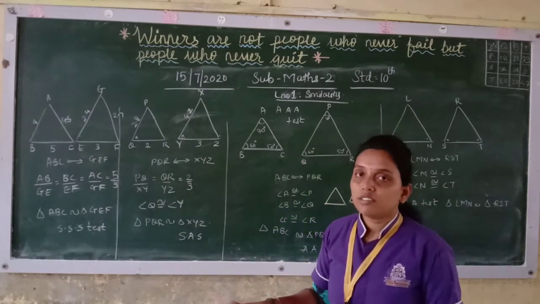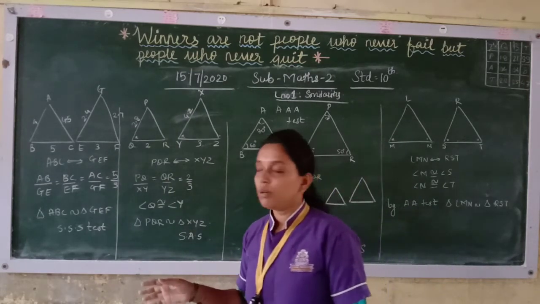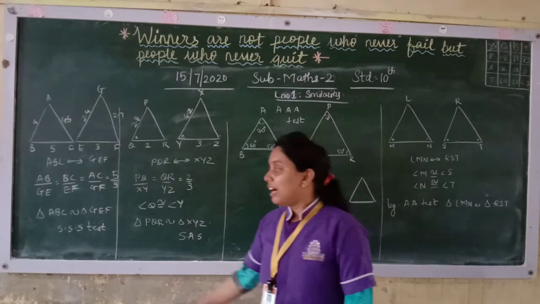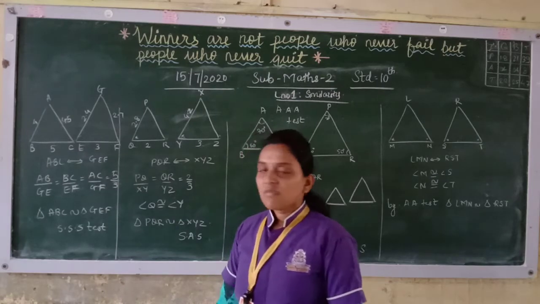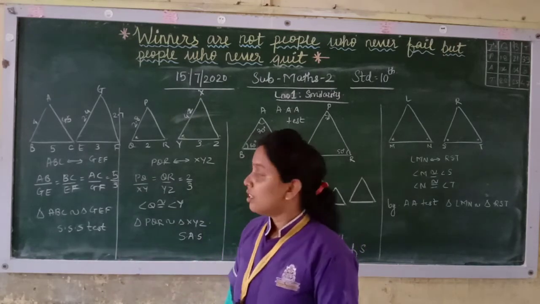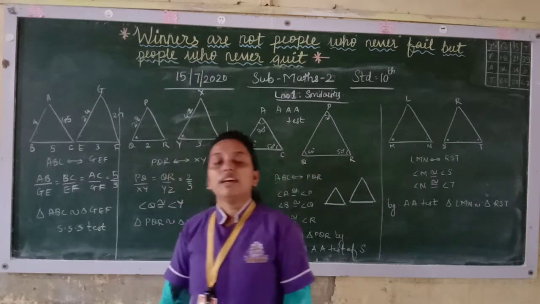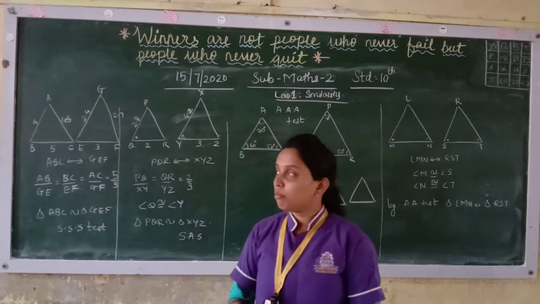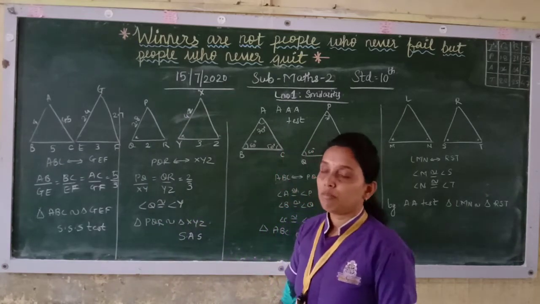If there are two sides in proportion with an angle in between them, you can say it is by the SAS test of similarity. And when all three sides of the two triangles are in proportion, you can say it is by the SSS test of similarity. So these are the tests you have to remember, so that you can solve sums with the help of them.